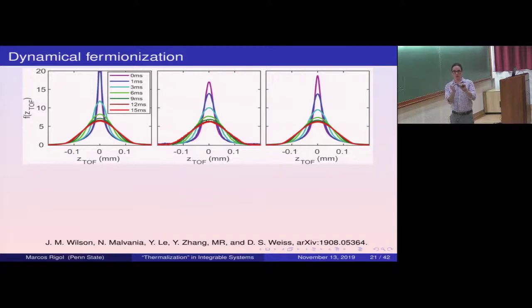So let me repeat the procedure to you. They have the 2-dimensional optical lattice, and they have a trap. They turn off the trap and let the bosons expand in 1 dimension. They don't measure there. They turn off the lattice, and now the bosons expand in all directions.